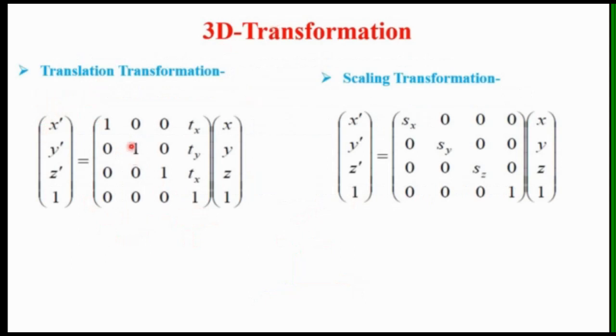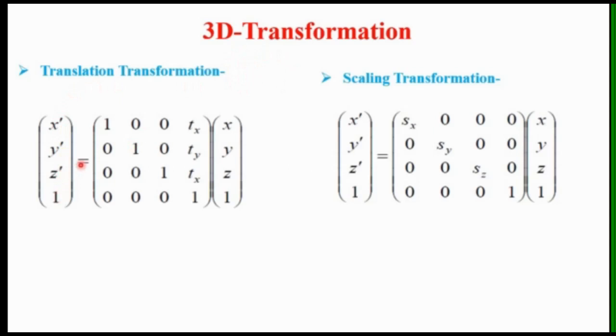Now we want to calculate the coordinates of this second position of the object, that is x dash, y dash, z dash, and 1.